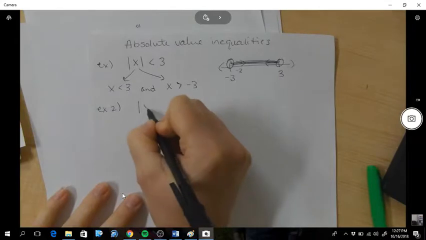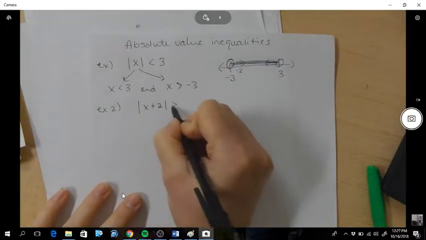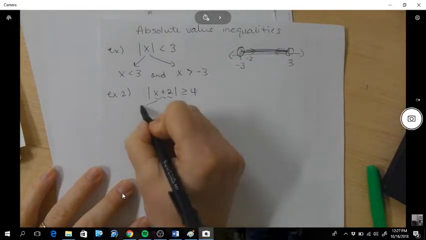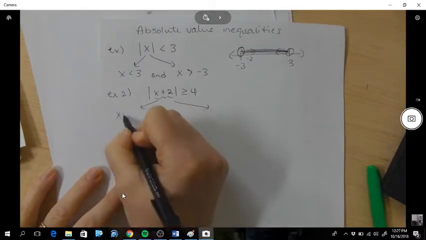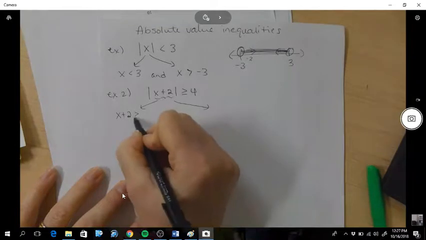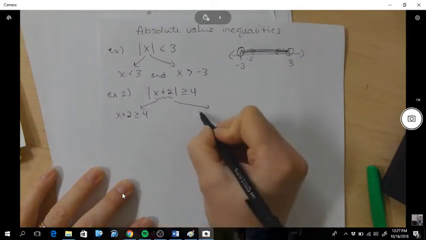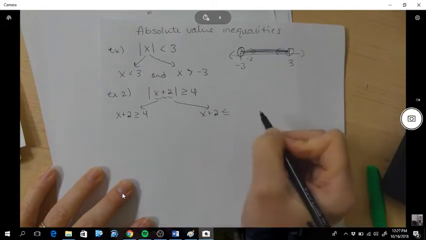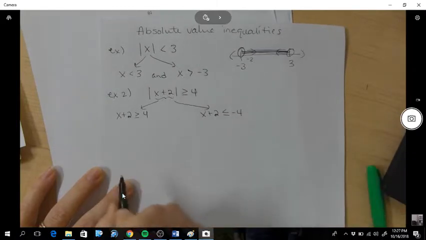Okay, so the absolute value of x plus 2 is greater than or equal to 4. So we're going to say this inside piece has to be greater than or equal to 4. For the other case, the inside piece we want to switch, less than or equal to -4.